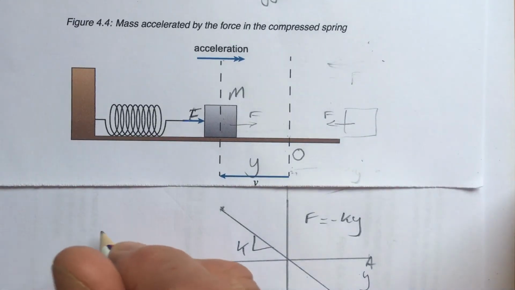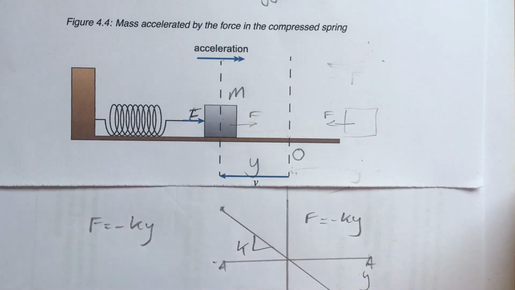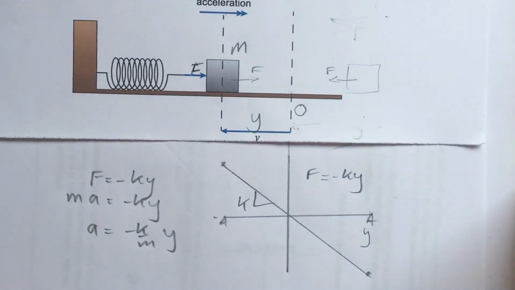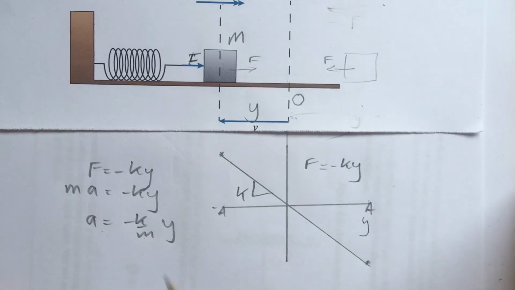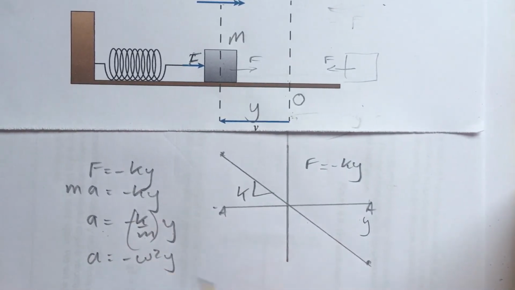So if we've got the equation F equals minus Ky, and force is mass times acceleration, so mass times acceleration is minus K times y, the acceleration is minus K over m times the displacement, which is good news because that is actually our defining equation of simple harmonic motion, that acceleration is a constant times y, or a equals minus omega squared y.